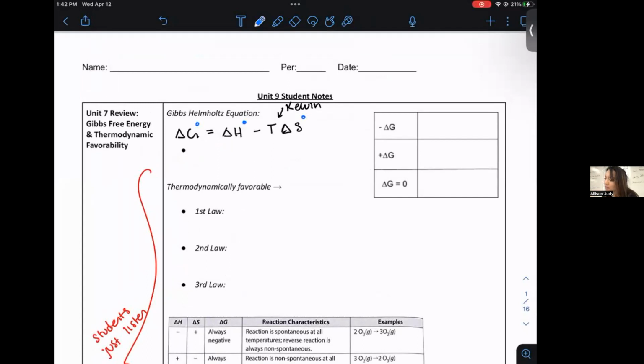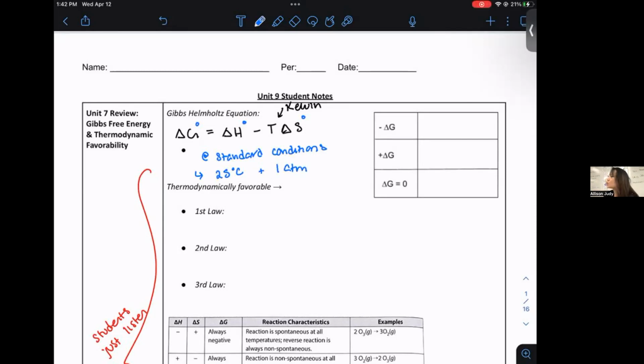Okay. So we know that at standard conditions, we have constant temperature and pressure. So don't forget what that really means at standard conditions. What we have is a constant temp and pressure where the temp is 25 degrees Celsius and pressure is 1 atm. Or room temp, 25 degrees.